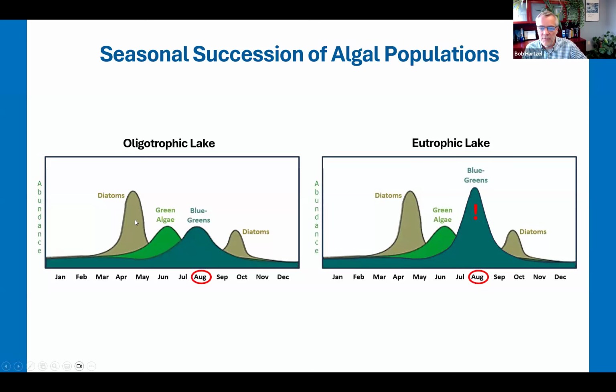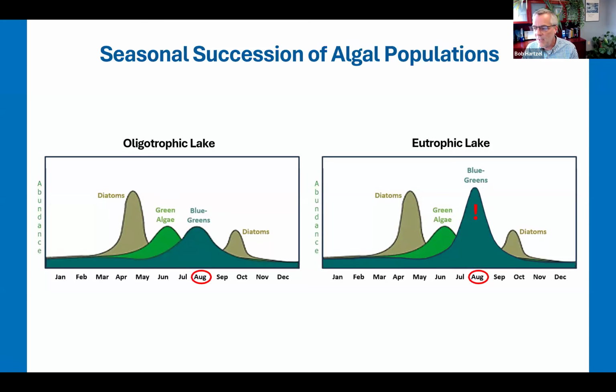You see the same pattern of diatoms to green algae to the blue-greens and back to the diatoms, but when you've got internal loading happening at a high rate in these lakes that have more and deeper organic sediments, that pulse of nutrients from internal loading back into the water column is happening at exactly the wrong time. So these blue-greens, the cyanobacteria, some species of those contain liver toxins or neurotoxins.